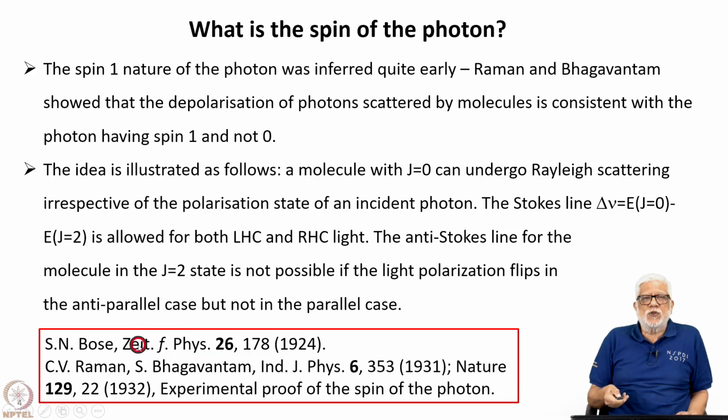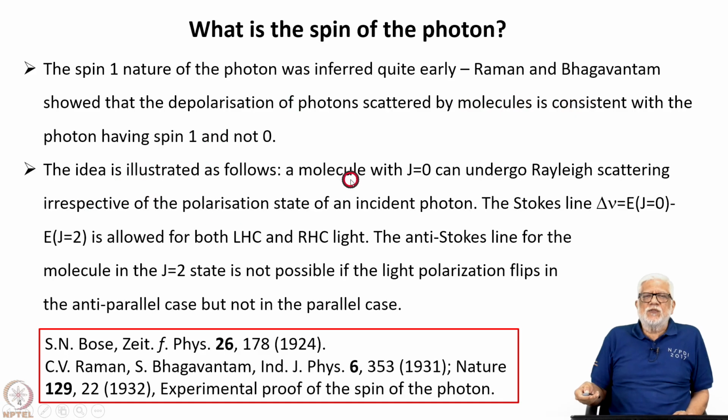So there are only 2 states, because of the relativistic nature of the photon. The spin 1 nature was inferred by Bose, but the experiment was carried out by Raman and Bhagwantam. They showed that the depolarization of photons scattered by molecules, and they used Raman scattering for that as well, is consistent with the photon having spin 1 and not 0.